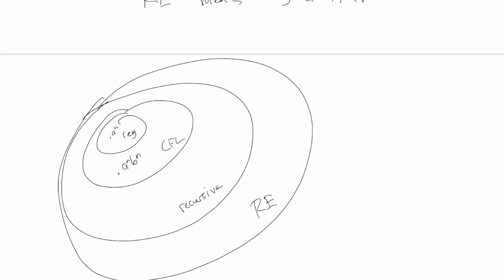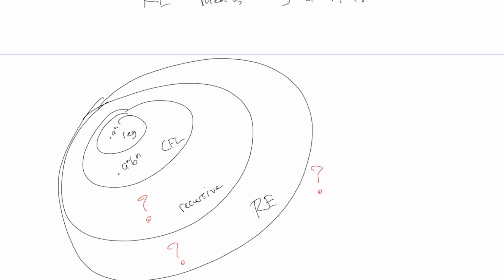What remains as my major goal for the rest of the semester, we've only got this week basically, is to talk about what are some languages in each of these categories, and maybe, if we're lucky, what about out here, outside. Something out here means it's so crazy you can't even do it on any Turing machine, even if you allow the Turing machine to have infinite loops in it.